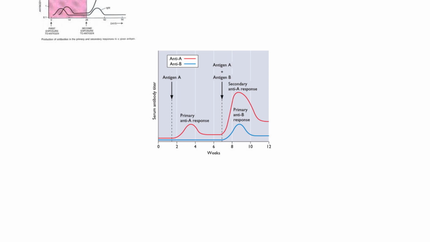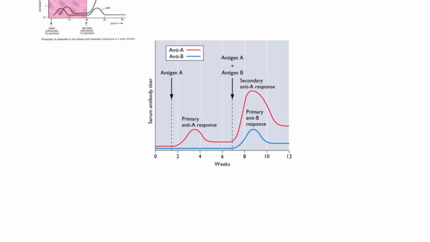And this figure, it's a little clearer, but it talks a little bit different. Here's weeks. X-axis, usually when you look at animal response, time is on the x-axis, titer is on the y.